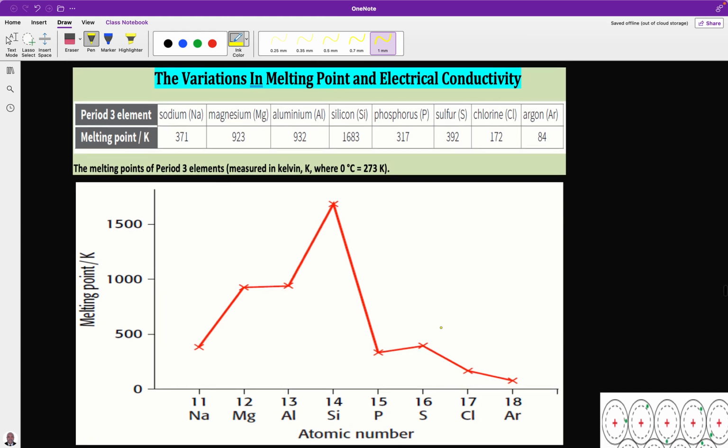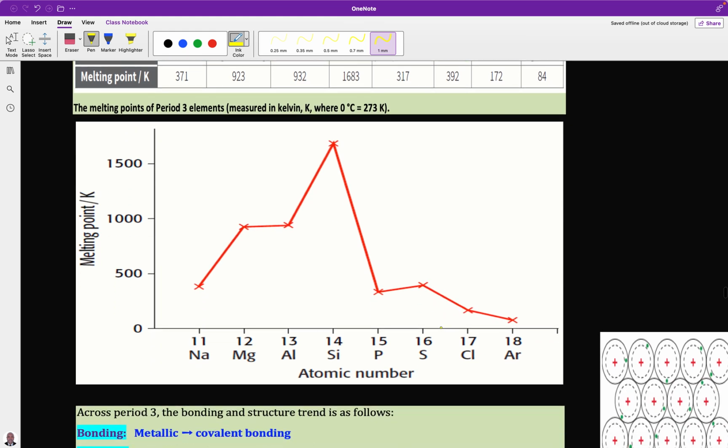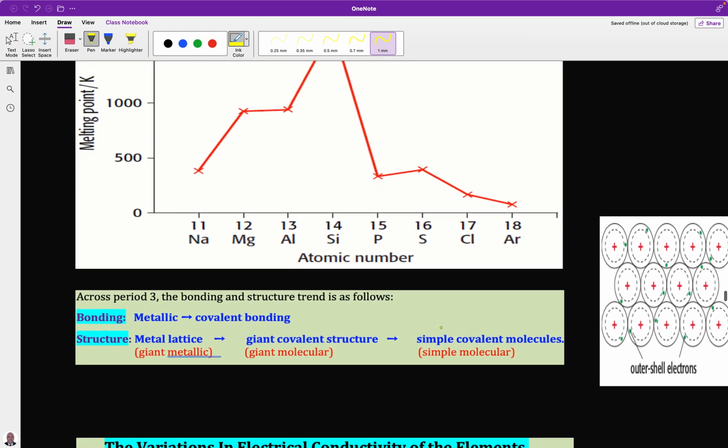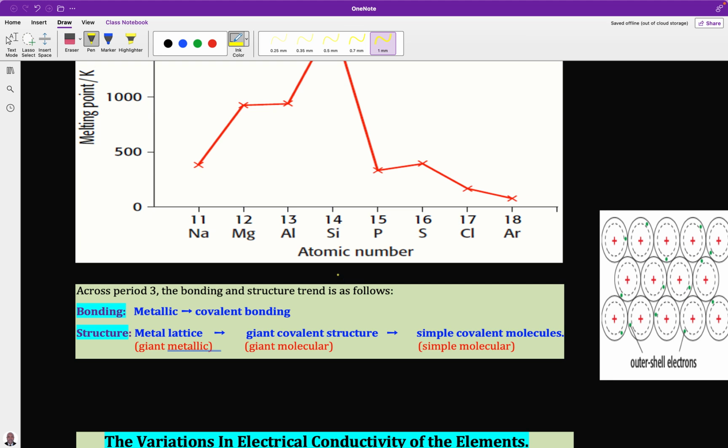You should know that as we move from metals to metalloids, and from metalloids to non-metals, there is a change in bonding. We move from giant metallic bonding to covalent bonding.